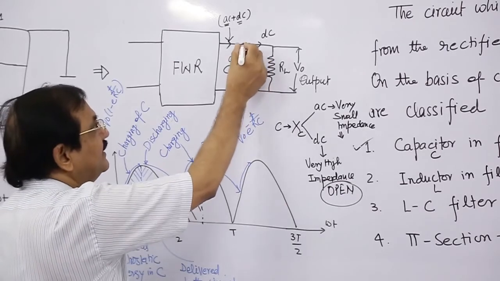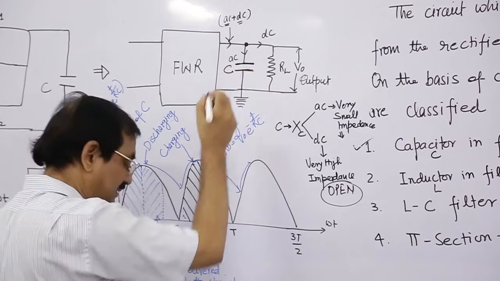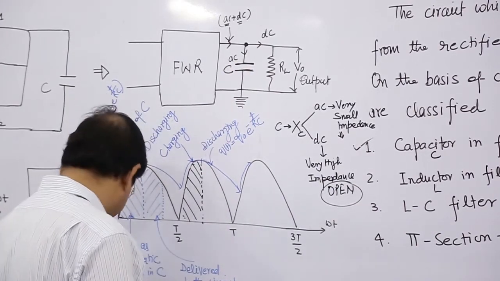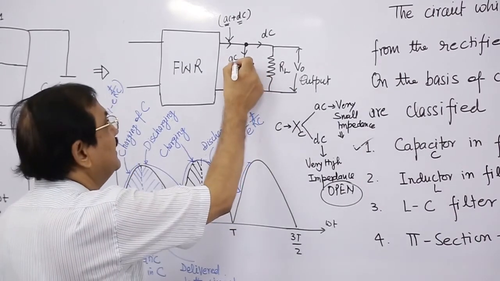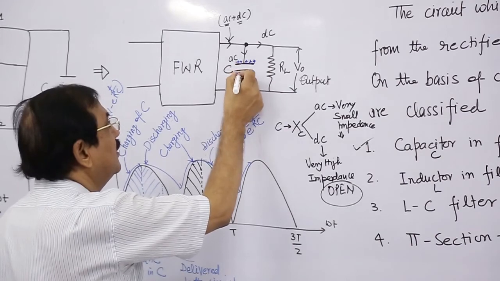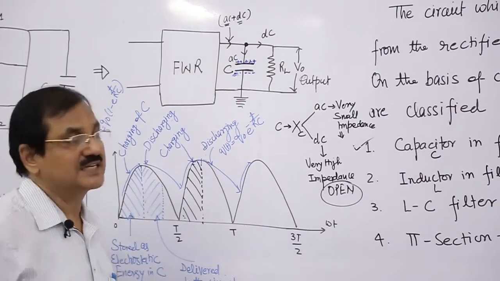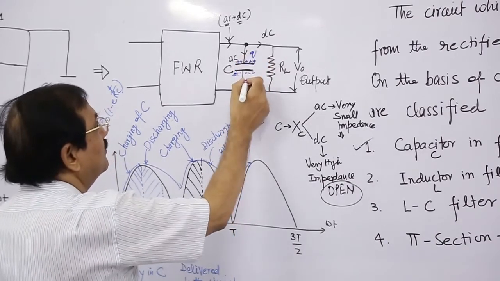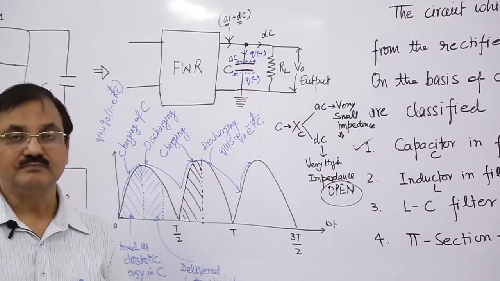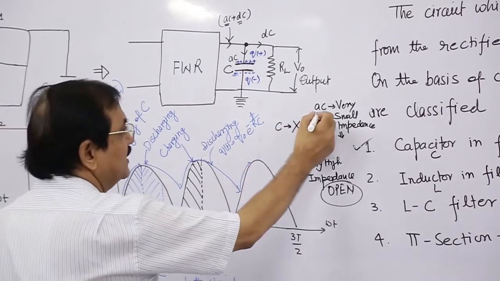When the current flows across the capacitor, charges build up on the capacitor. Here it is positive, Q plus, and here it is Q minus, due to the AC component.